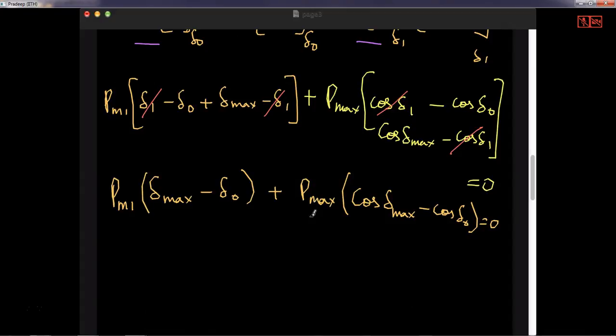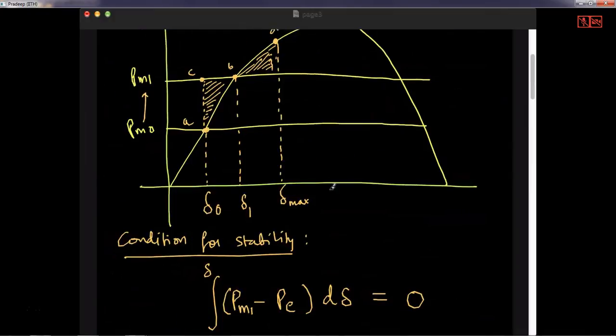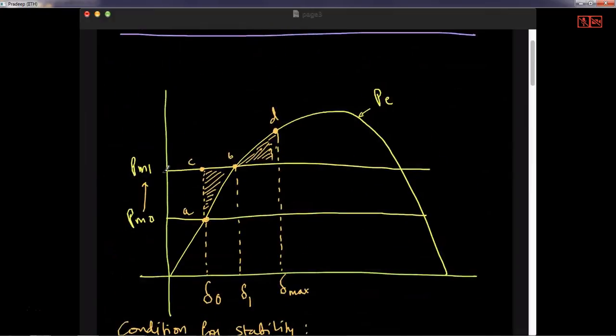Now if I go to the diagram, look at this Pm1. I can actually express Pm1 in terms of delta.